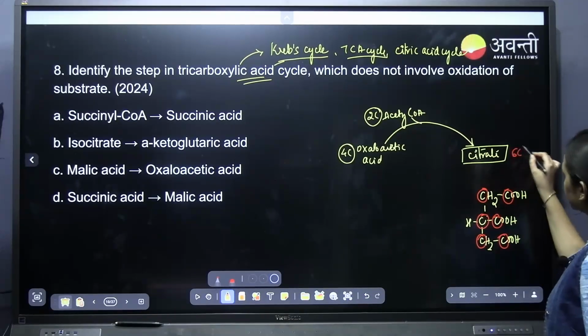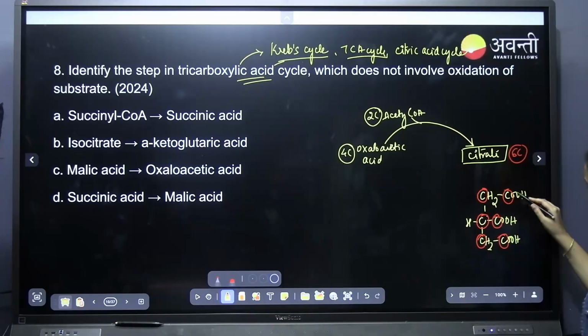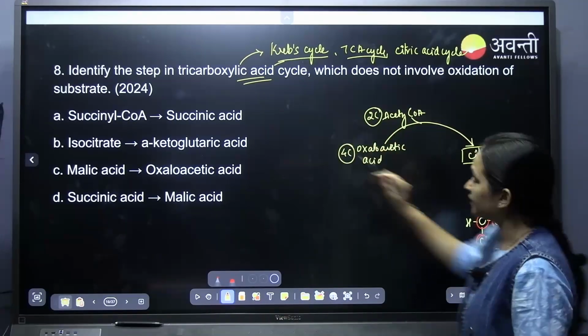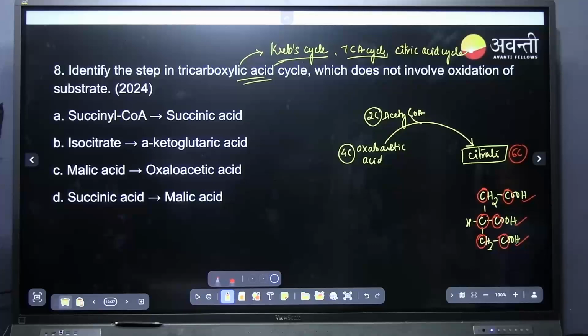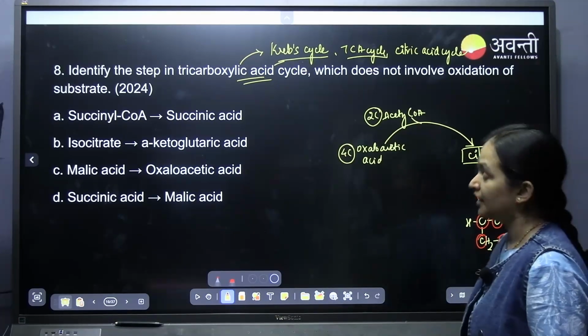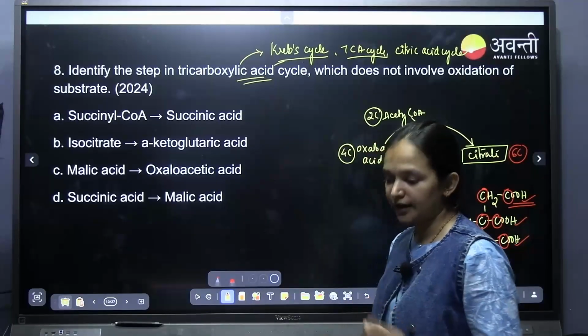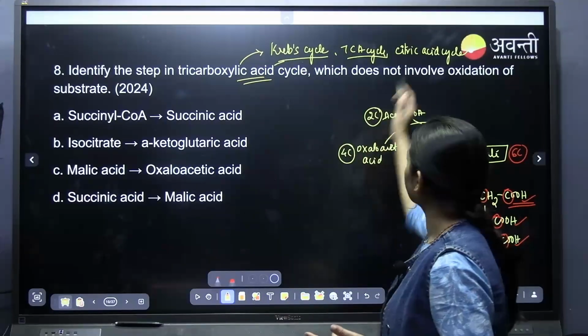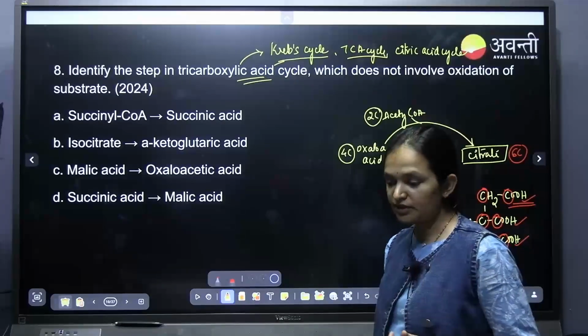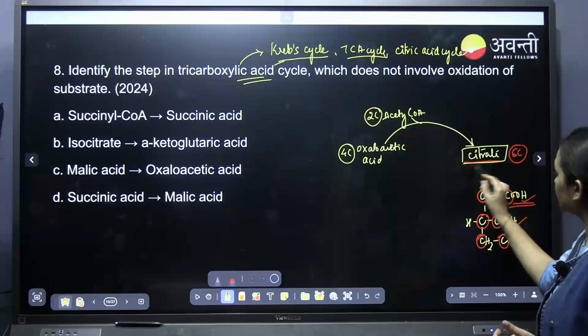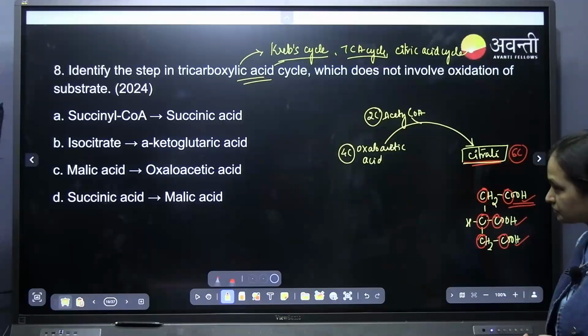So it is a 6 carbon compound, and COOH here is the acid group, right? We have three such groups, COOH are 3. That's why we call it tricarboxylic acid. This is the carboxyl group. So the Krebs cycle is also called the tricarboxylic acid cycle, or the citric acid cycle, because the first formed stable product is citrate. Understood?